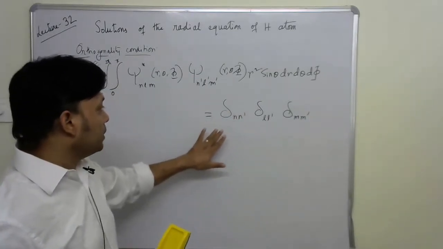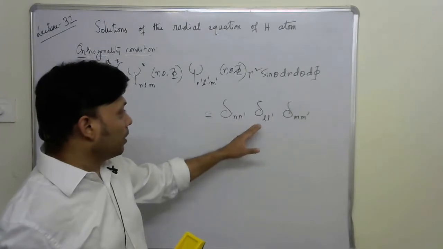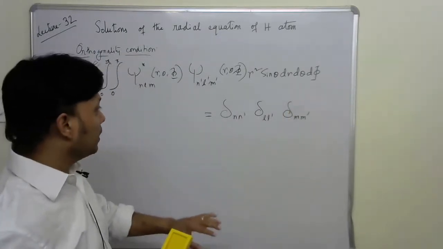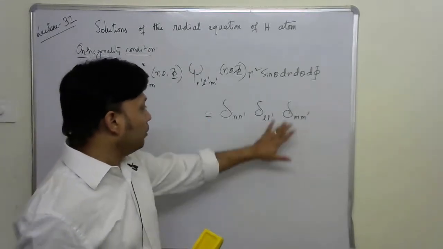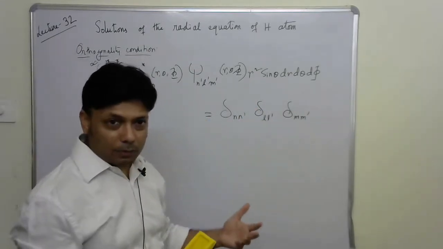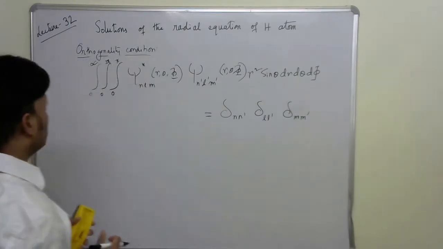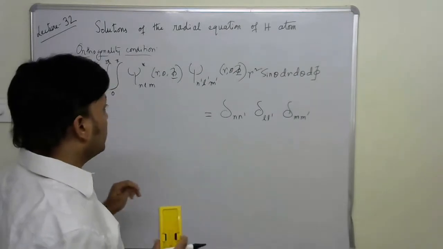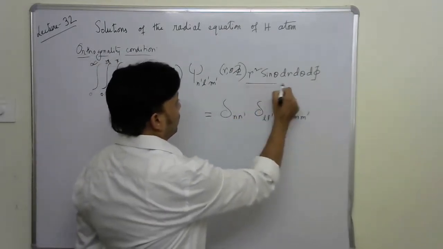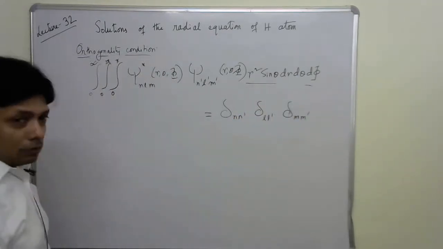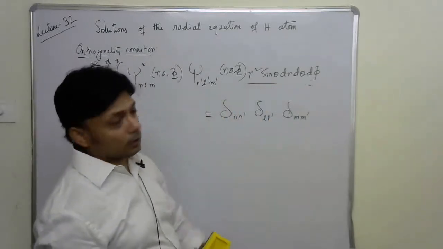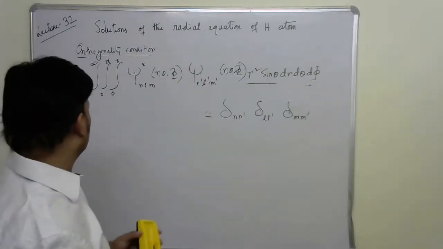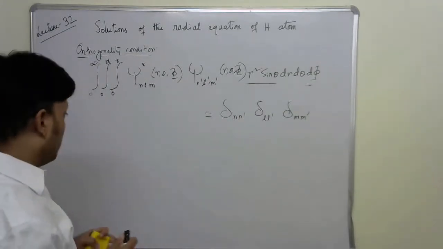And wherever n is not equal to n prime, the value of these deltas would vanish, would become 0. So this is the way to test the orthogonality conditions. Remember the expression of the volume element here: r square sine theta dr d theta and d phi.